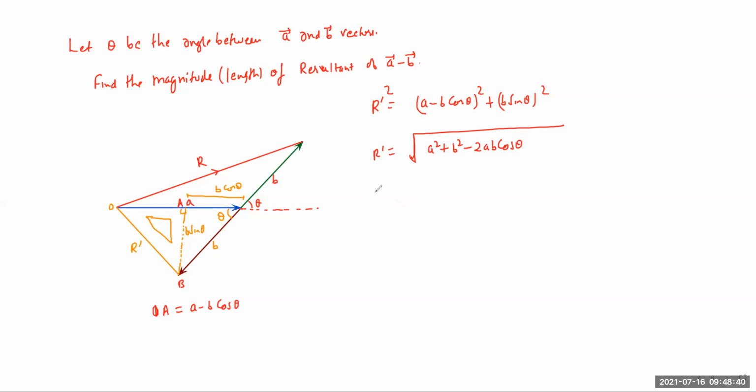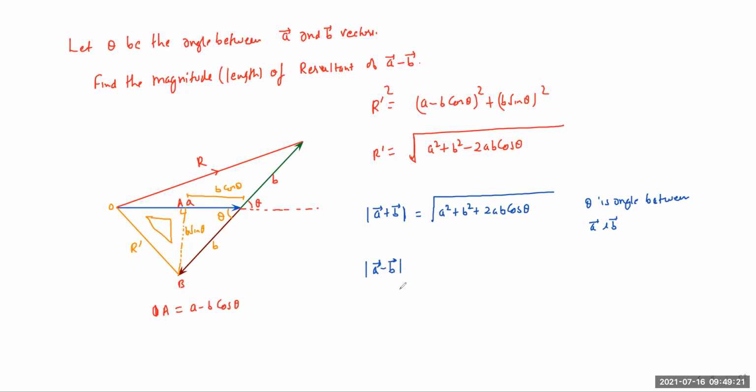Okay. So there is a very nice way of writing these things. If we write mod of A plus B, which means the resultant of A and B, the length of the resultant of A and B equals A square plus B square plus 2AB cos theta, where theta is the angle between A and B. So what is the modulus of A minus B?